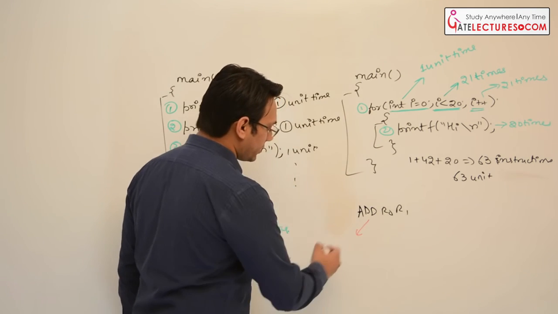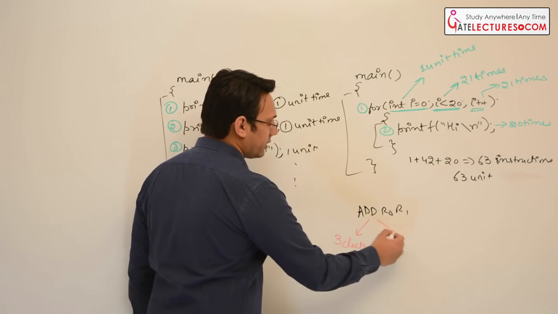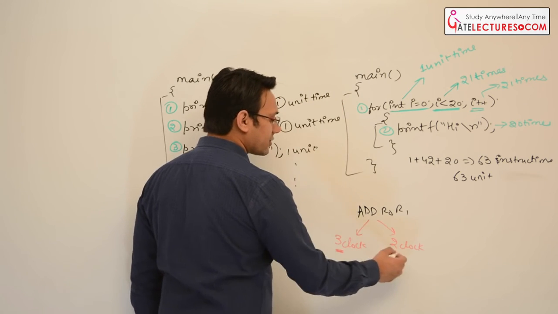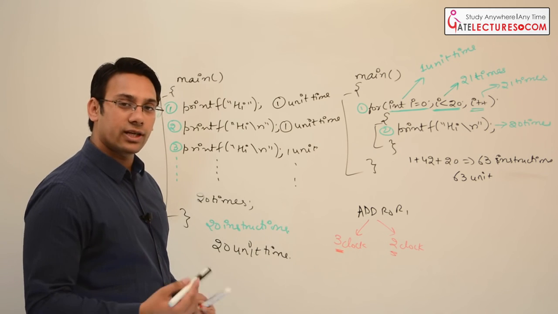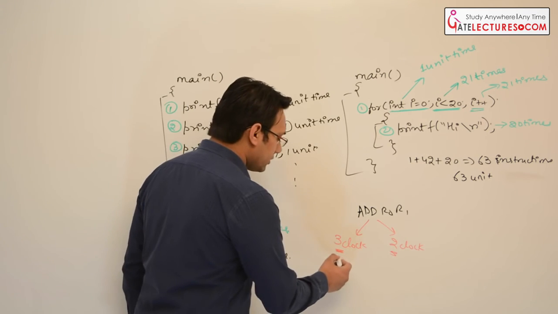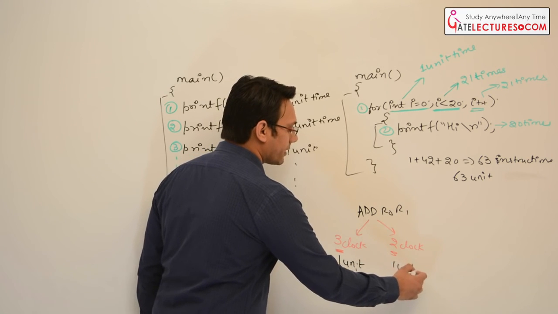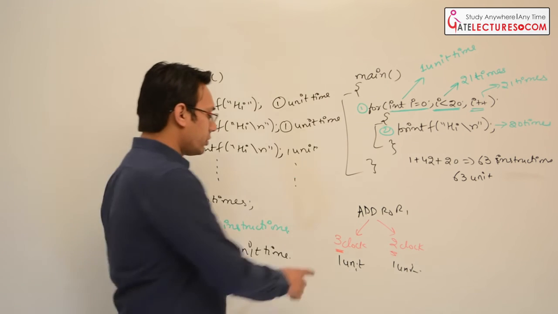Here it is saying that it is going to take 3 clock cycles to execute on the first CPU and 2 clock cycles on the other CPU. That means we have ignored these actual times, and instead we are taking 1 unit time here, and here also 1 unit time. That means both these instructions are taking 1 unit of time. We have ignored the actual values.